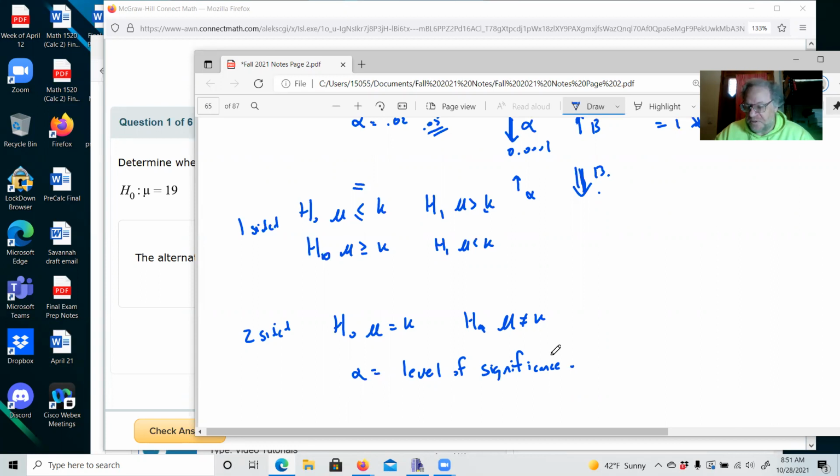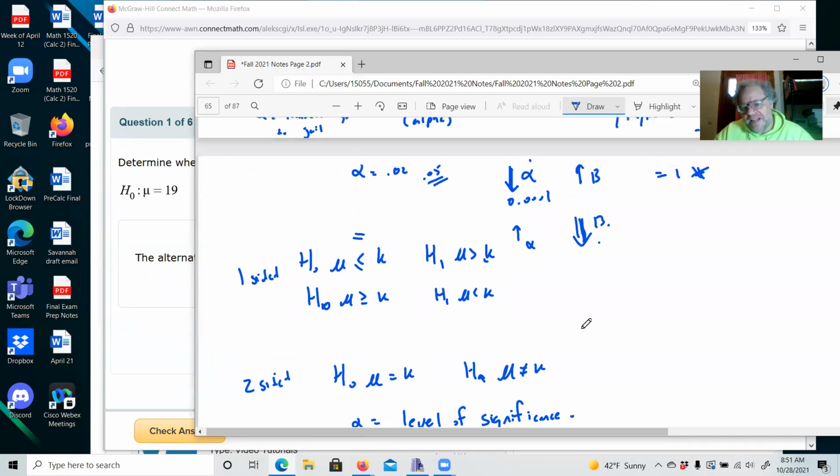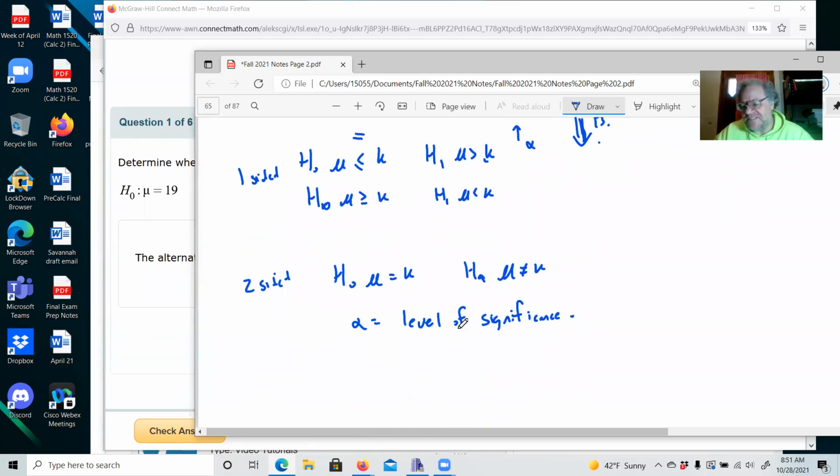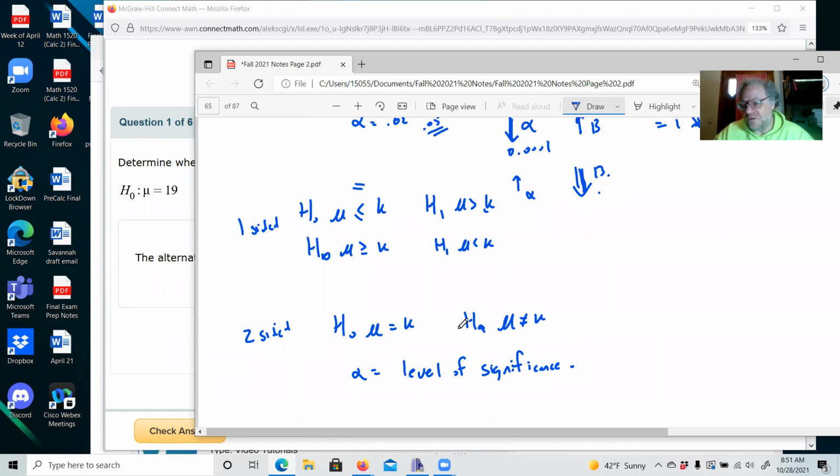The pea was noticeable. Only the princess would notice the pea at the bottom of the 20 mattresses stacked up for her to sleep on. So what they mean by significance is noticeable, not that it's important.